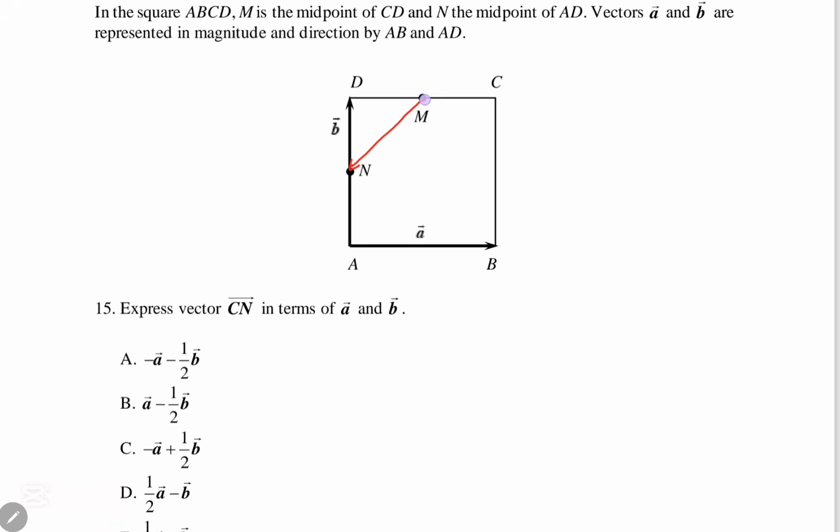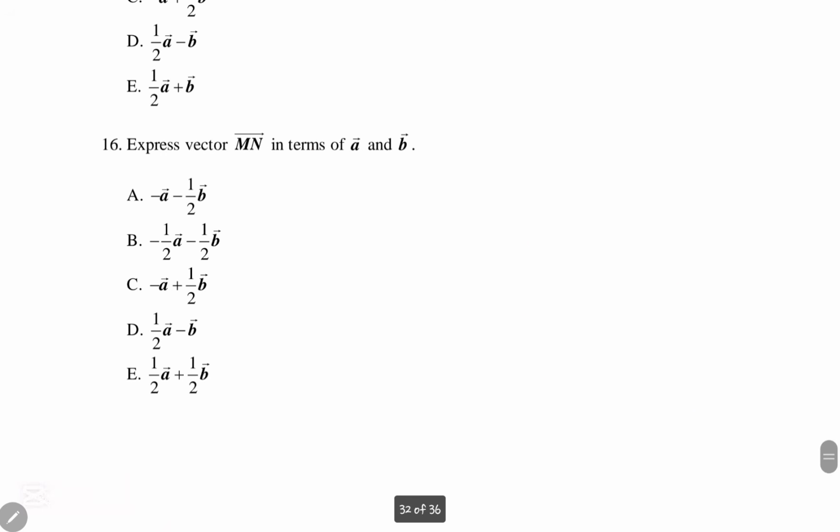So from M to D and then D to N. From M to D, it's going anti-parallel to A, and it's half of A, so it's going to be minus half A. And then for DN, we know that it's minus half B. So the correct answer should be minus half times A plus B. Okay, so let's see the correct answer. It's minus half A minus half B. So for 16, the correct answer should be B. And yes, that is correct.